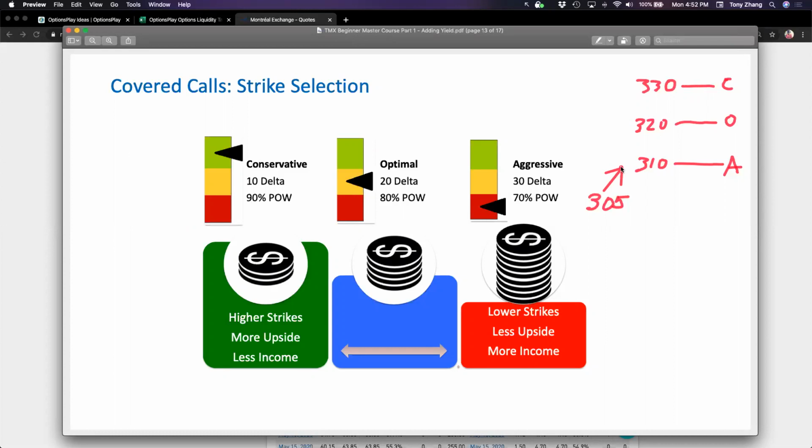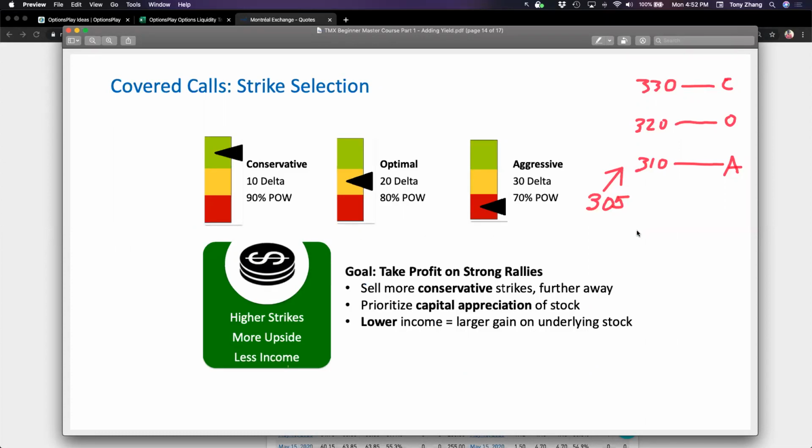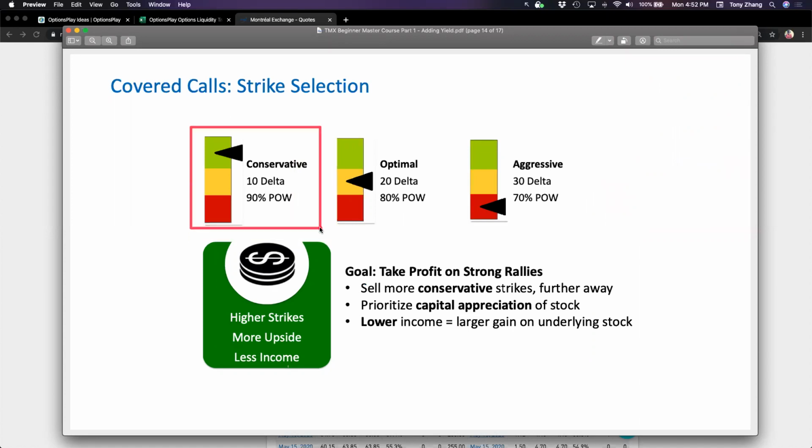So we also backtested this, and the answer was very clear to us. It's actually the conservative strikes. Sorry, I'm going to quickly draw this again. I accidentally deleted it. So we said the 310s, 320s, and 330s.